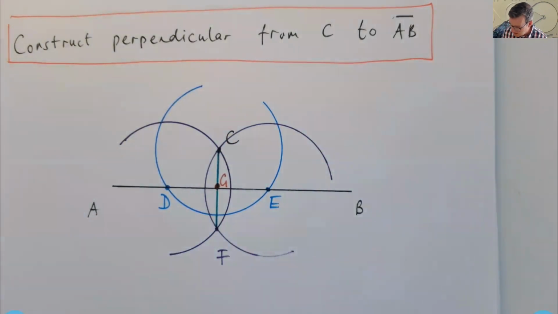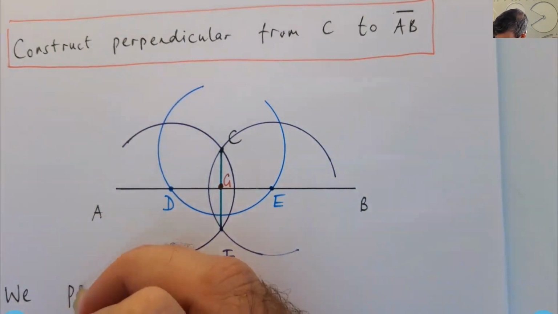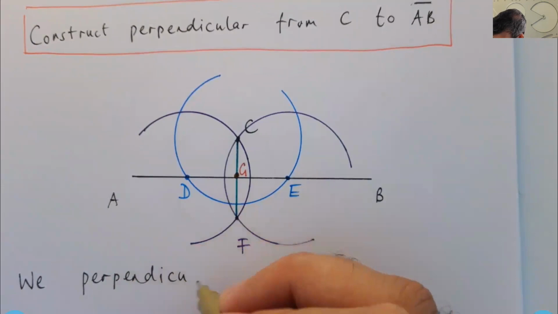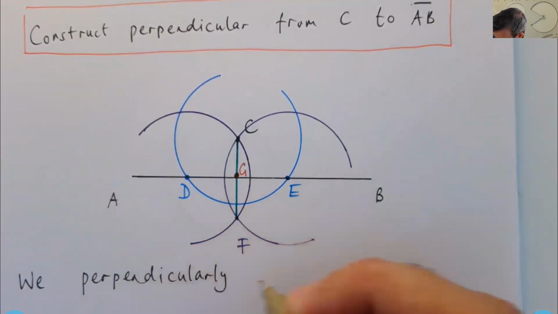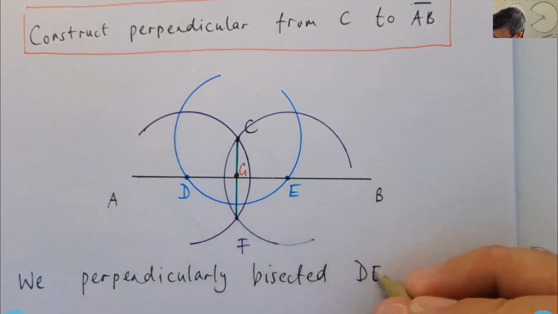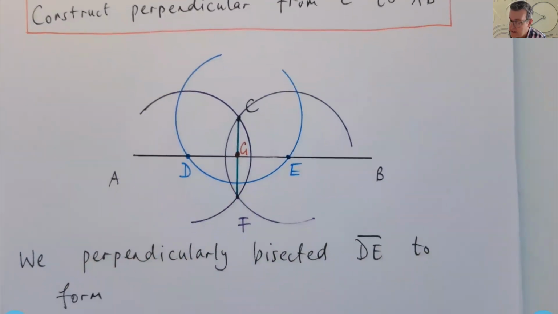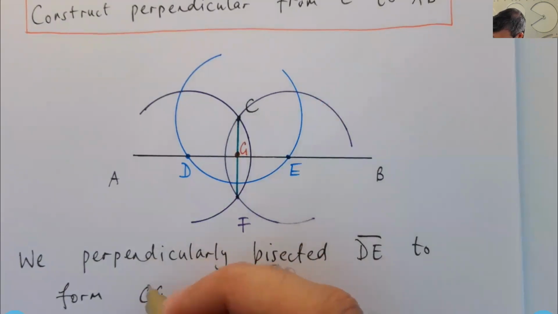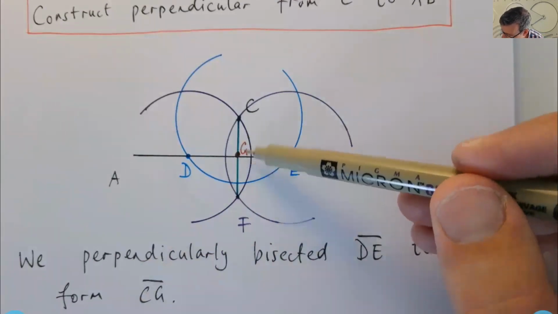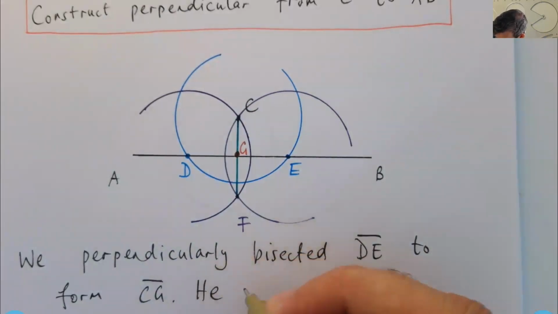Well, basically, if we want to summarize it, we perpendicularly bisected the line segment DE to form, let's say, CG is fine. Okay, and we know this from an earlier construction. So the angle here, CGB, let's say, must be right angled.